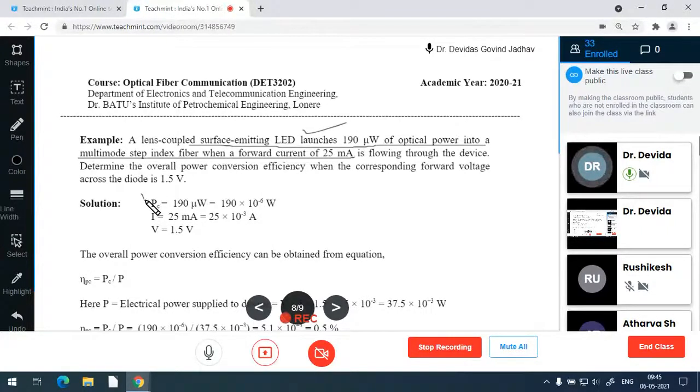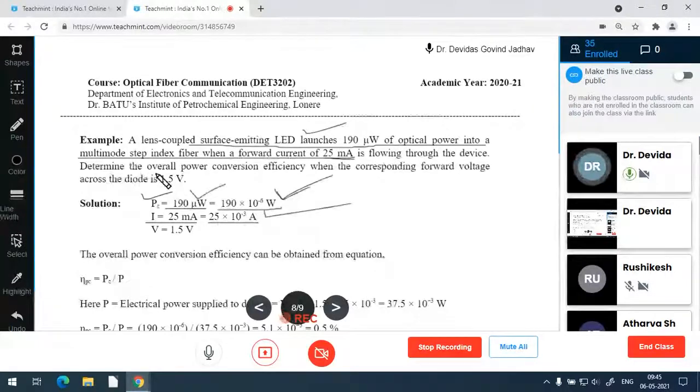That means the coupled power is 190 microwatt, that is 190 into 10 raised to minus 6 watt. The forward current is 25 milliampere, which means 25 into 10 raised to minus 3 ampere. Milli is 10 raised to minus 3.